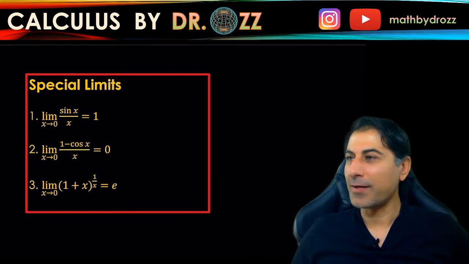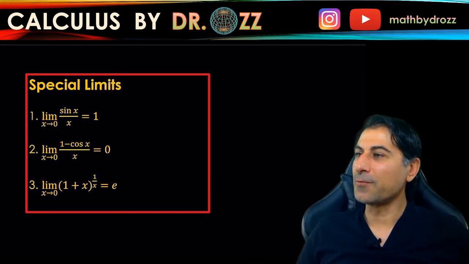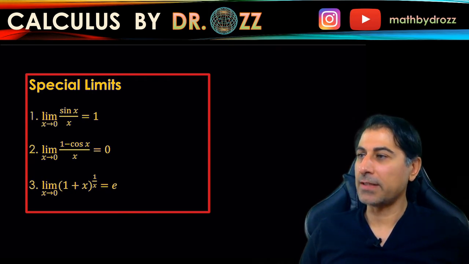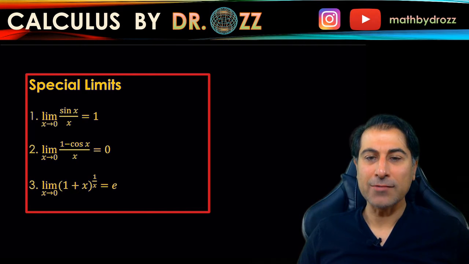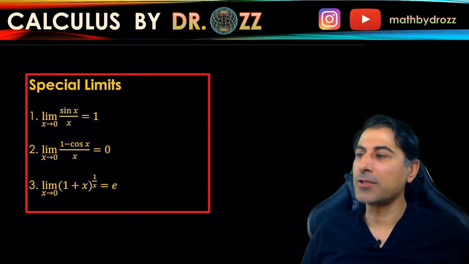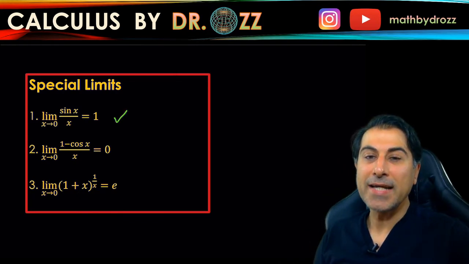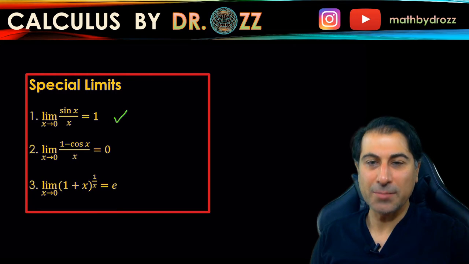All right, here are three special limits. The first two are trig related, and the last one is transcendental related. In fact, it's the number e coming out of this limit operation. So we have the limit of sine x over x as x approaches 0 to be exactly equal to 1.